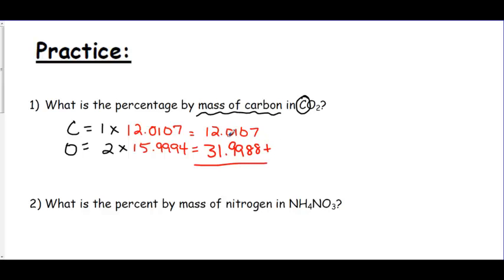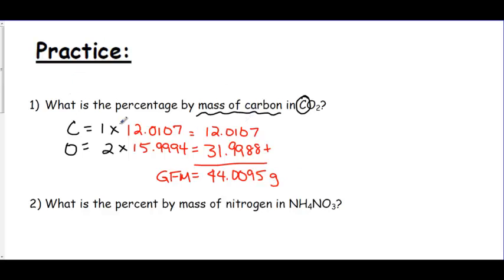So when we add those, let's say to ourselves, okay, there's 4 decimal places in both, so the answer has to be rounded to 4 decimal places, and this is going to be 44.0095 for the GFM. Okay, so that's for the whole thing in grams.